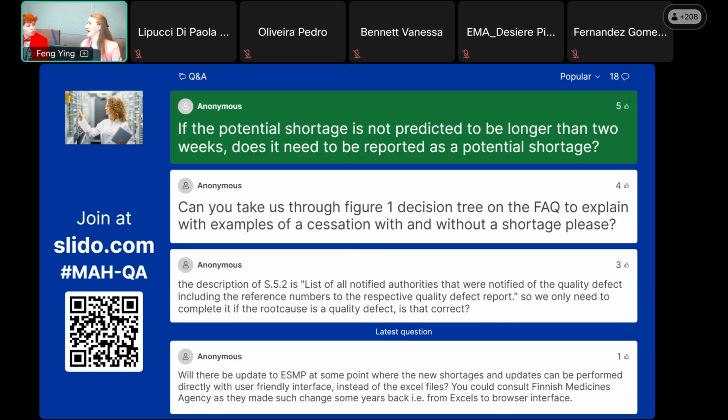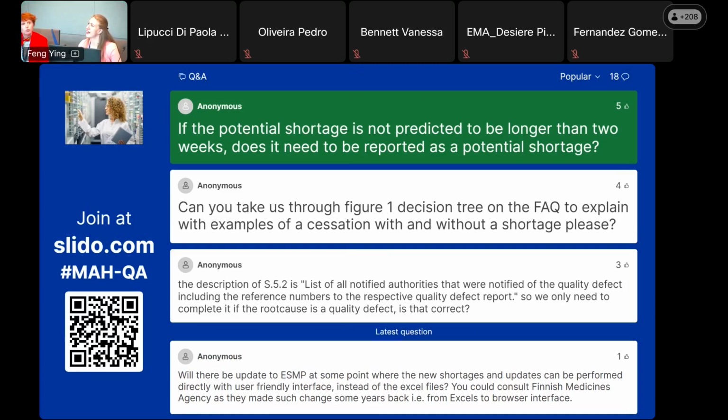This is quite a complicated question indeed. If it's a potential shortage and you don't expect it to be longer than 2 weeks, for example, just a shortage of a day and you expect the supply to be there again the next day, then you may consider that.